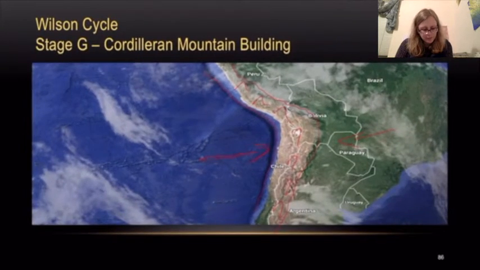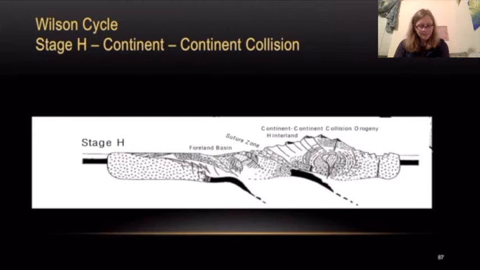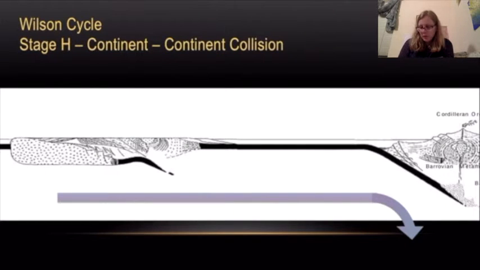Okay. Stage H. We're almost finished. There's only H and I, and then we've got something else, a different regime that doesn't get its own stage. So stage H, over on this side, we've got where the ocean crust is subducting under the continental crust.